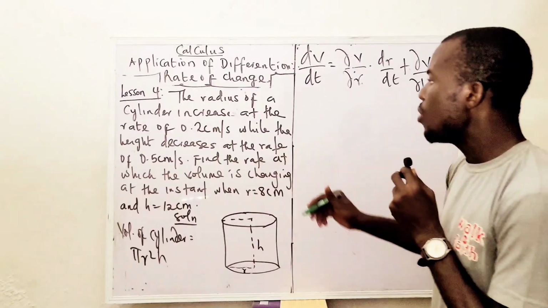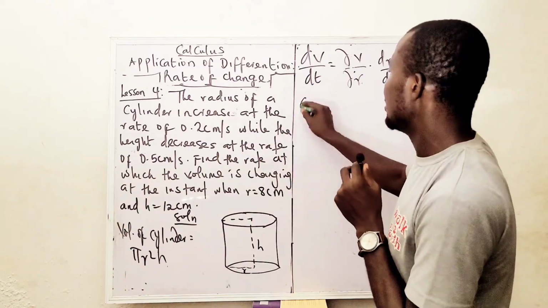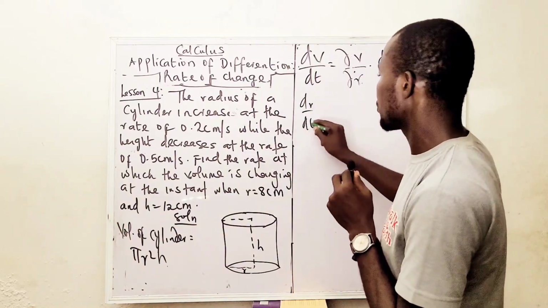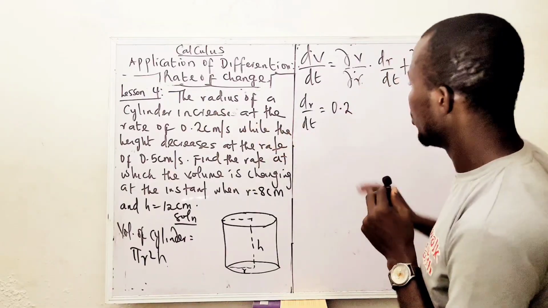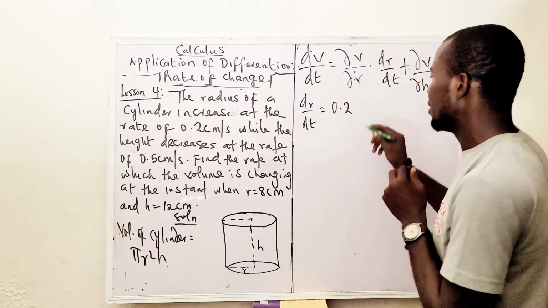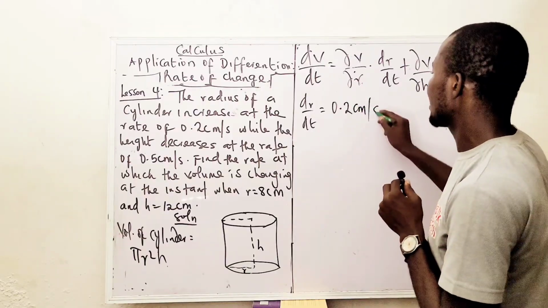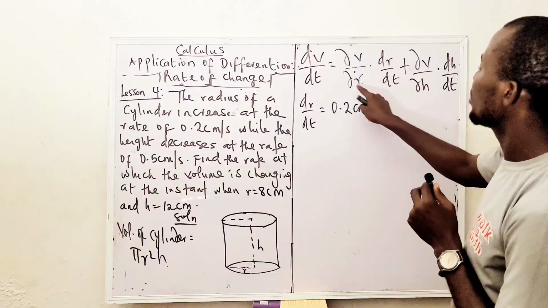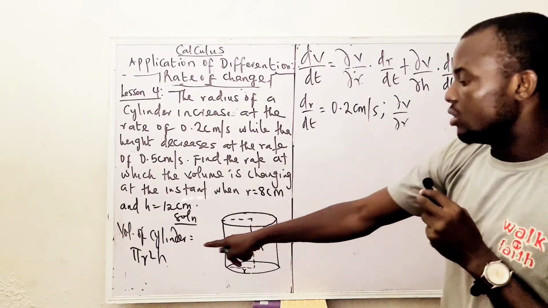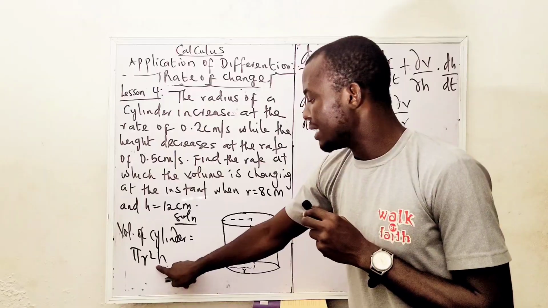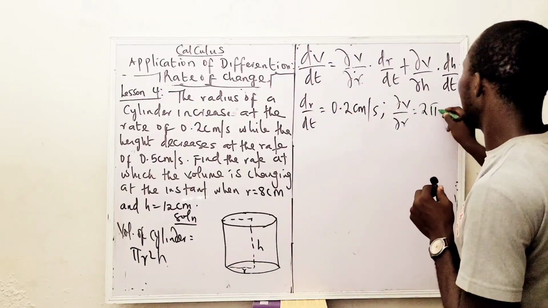For that, we already have the dr dt. The dr dt is given to us as 0.2 centimeter per second. Now let's look at the partial of V over the partial of r. That will be equal to 2 pi rh.